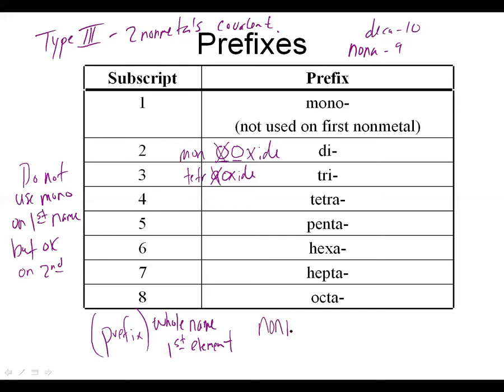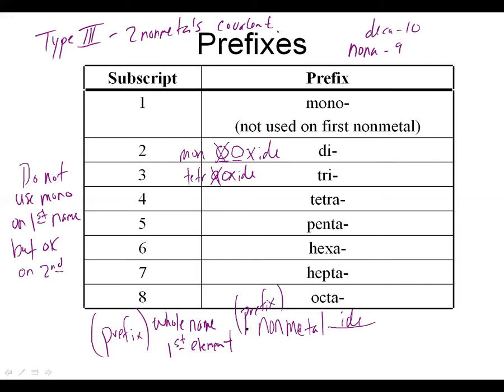We would take the non-metal name, drop the last part and put IDE on it. And then also we would use our prefix there to indicate how many we have. And again, here we can use mono on that second one, but not the first one. Any questions on that?